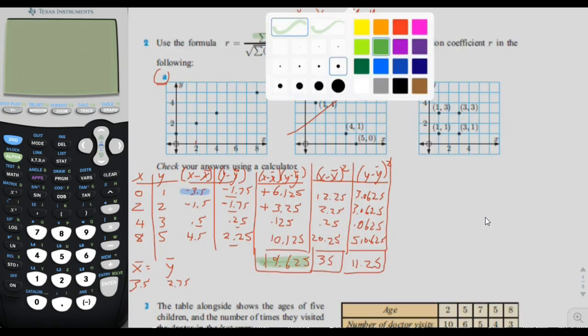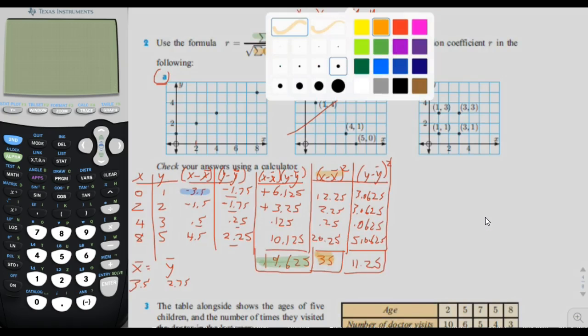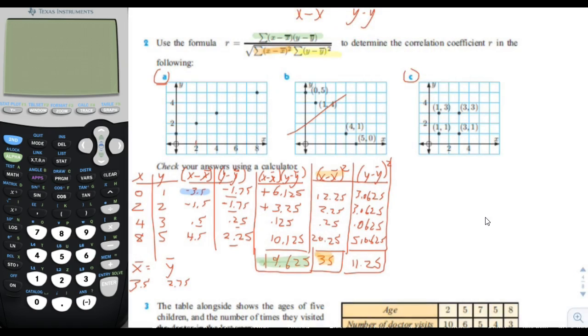Now I'm going to do this one in orange. It's 35, because I took all my x minus x bars, squared them, and added them together. This part is 11.25, because I took all my y minus y bars, squared them and added them together. And finally, I'm going to multiply the yellow times the orange, and I get 393.75.